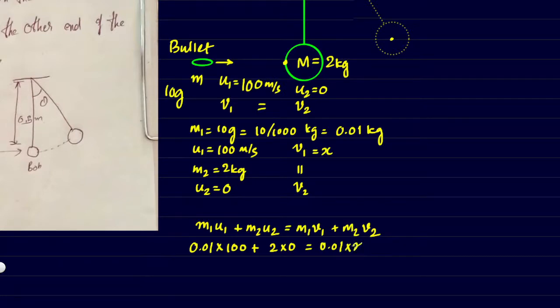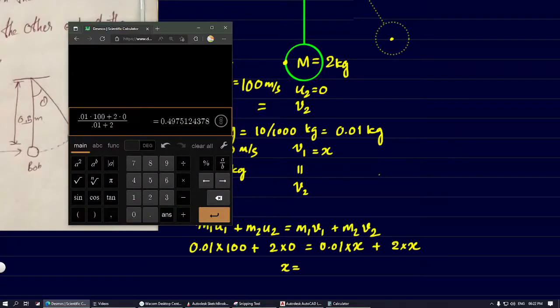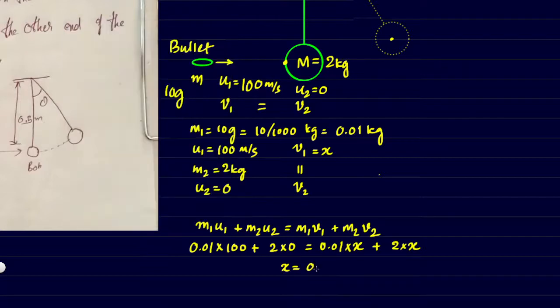So 0.01 x plus m2, which is 2 kgs, times the velocity, which is here as well equal to x. We can see x is the only unknown here. Let's find the value of x. We see here that the value we get is 0.5 meters per second. This is the final velocity of both the bullet as well as the bob together.